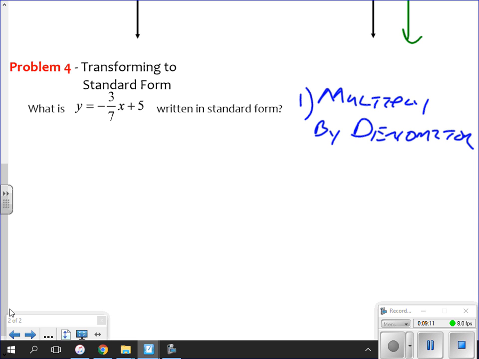So I have my equation. Y equals negative 3x over 7 plus 5. And I multiply everything by my denominator. My denominator here is 7. So I do everything times 7. Get rid of the denominator. That's the idea.